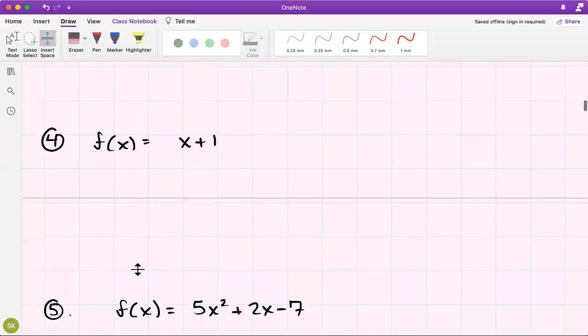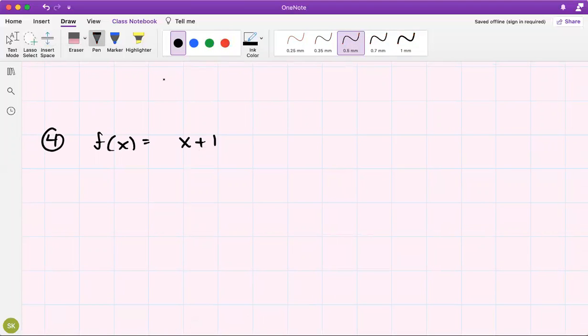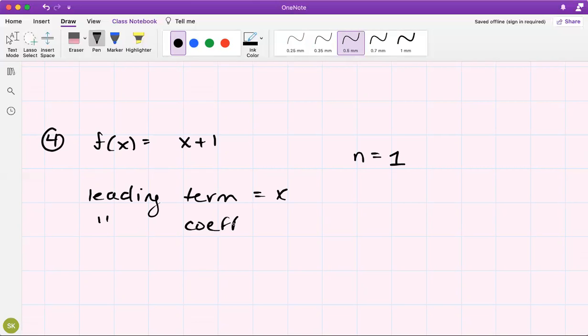This one is just a line. And you can see that n is 1. That's the degree, the power of this x. You can see that the leading term is just x, and the leading coefficient is 1.